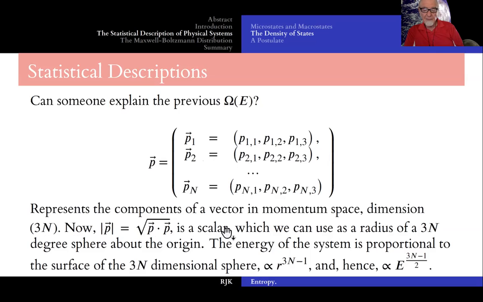And that makes it a radius of a 3n dimensional sphere about the origin in momentum space. Does that make sense?